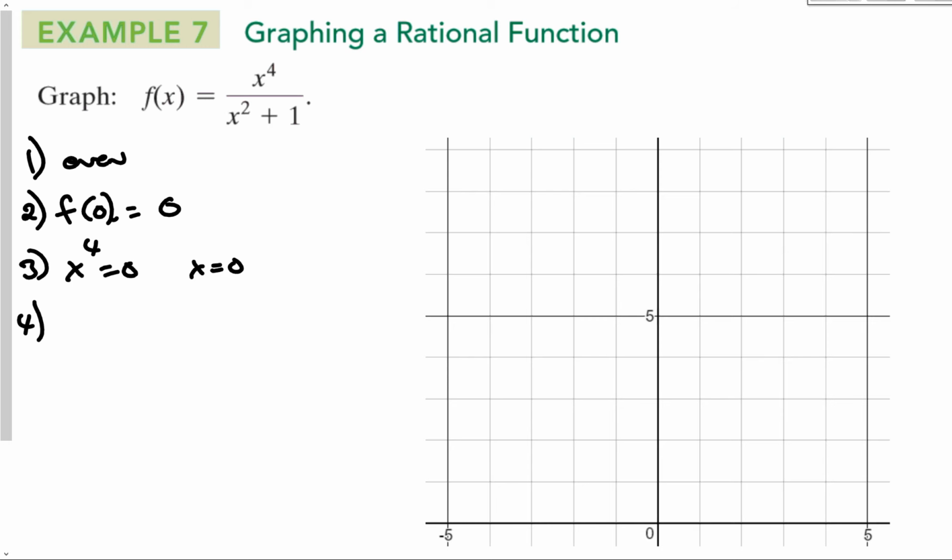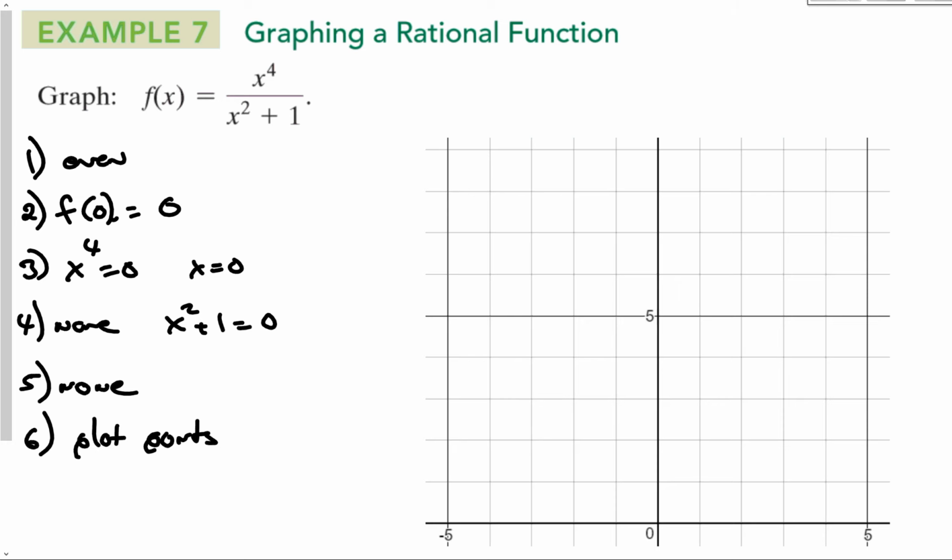Find the vertical asymptotes. There are none because that has no real solutions. Find the horizontal asymptotes, but because the top is 2 bigger than the bottom, there is no horizontal asymptote. So the only thing left is to plot points.